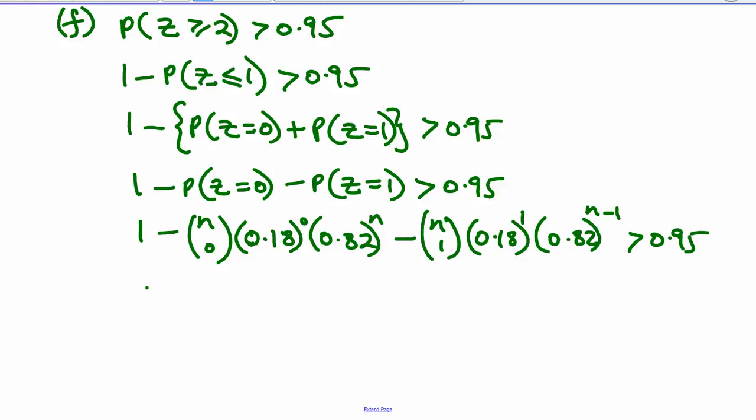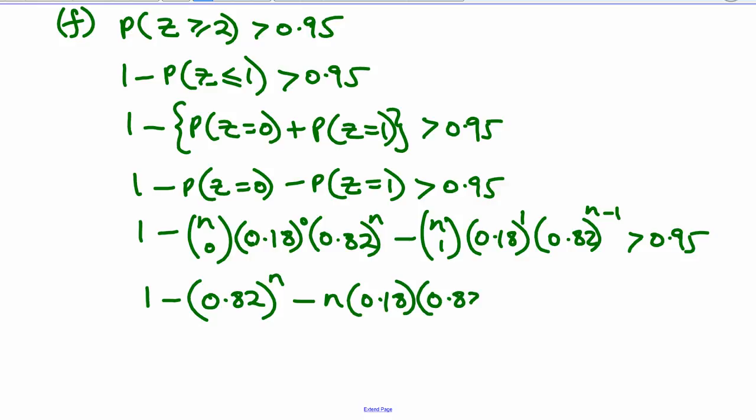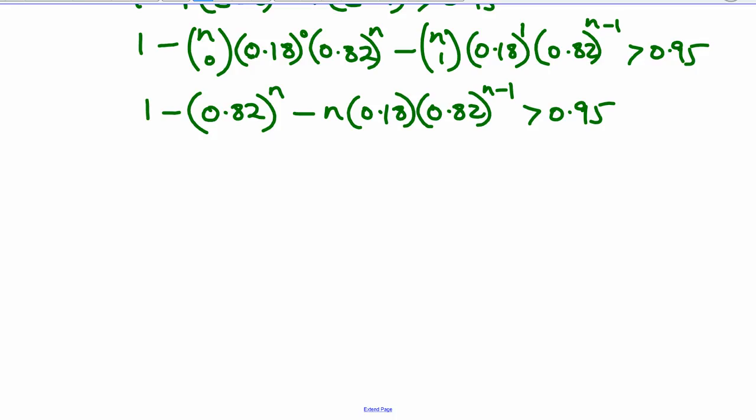And then what I'll end up with is 1 minus, n choose 0 is 1, 0.18 to the 0 is 1. So I'll end up with 0.82 to the power of n minus n choose 1, which will be n. So basically here I'll have n multiplied by 0.18 multiplied by 0.82 to the power of n minus 1 is greater than 0.95. Great. All right, let's see if we can simplify a few things.